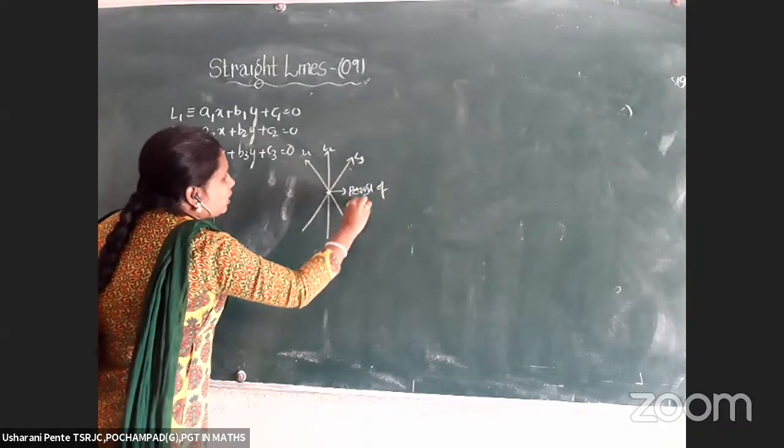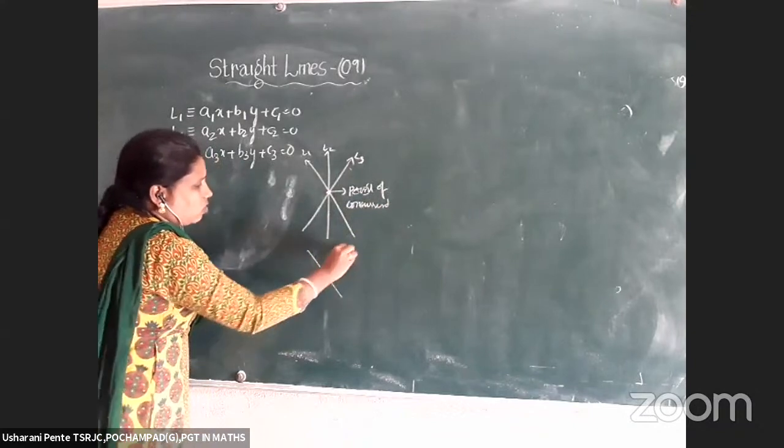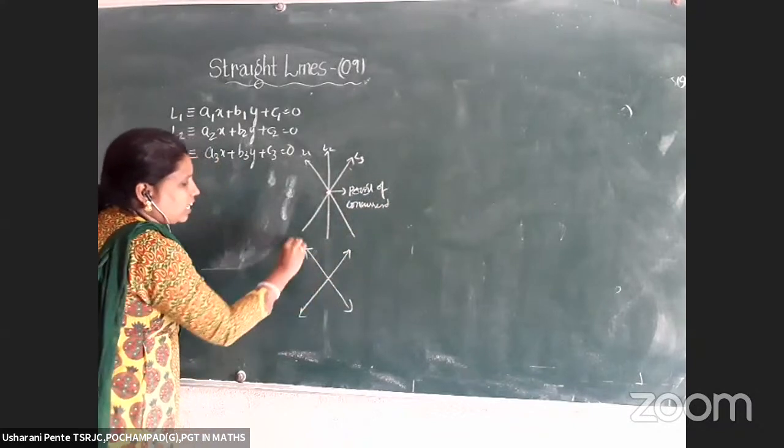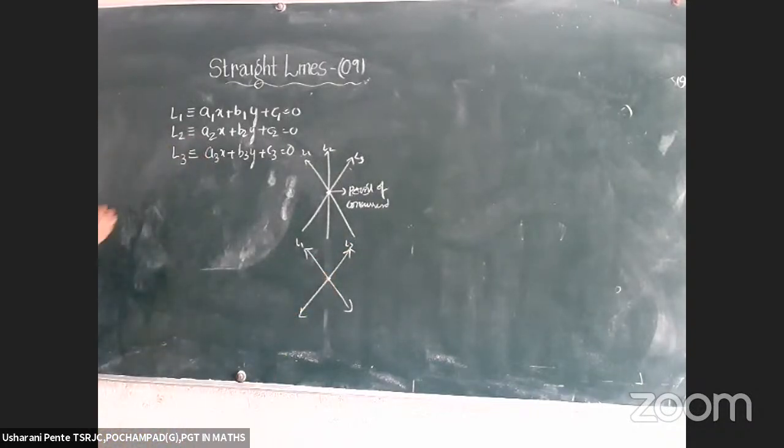Already we know if two lines are given, then what is the point of intersection?